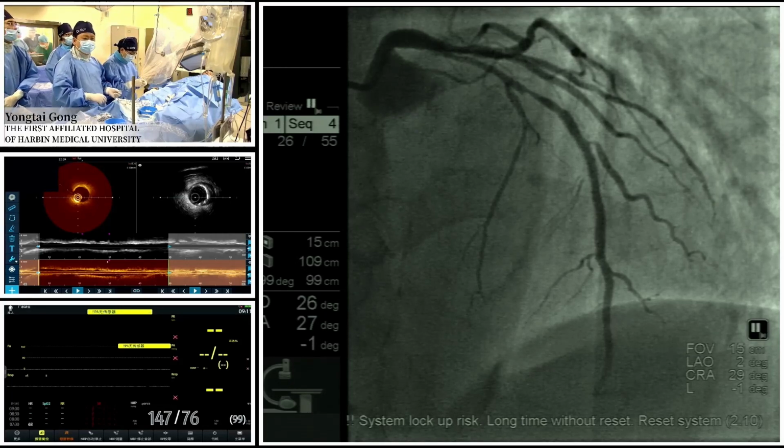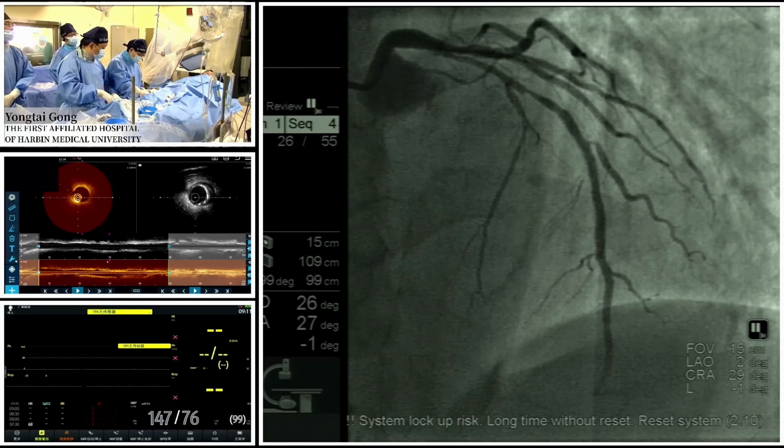Moreover, the two images are calibrated by the AI system, and we can simultaneously analyze one plaque morphology by two methods. So this complements their own disadvantages, such as the lower resolution of the IVUS and the lower penetration of the OCT.